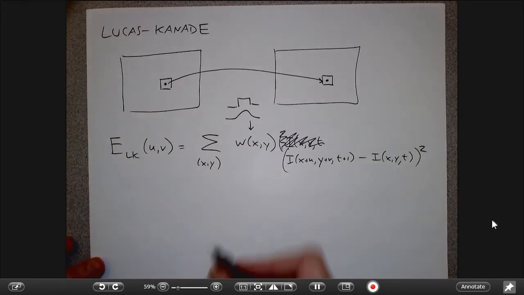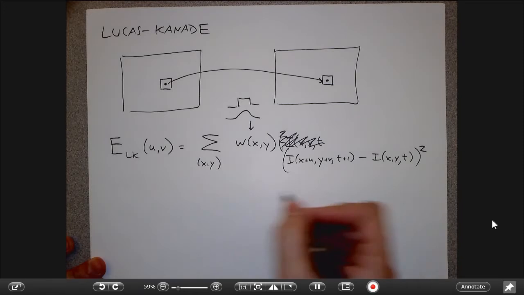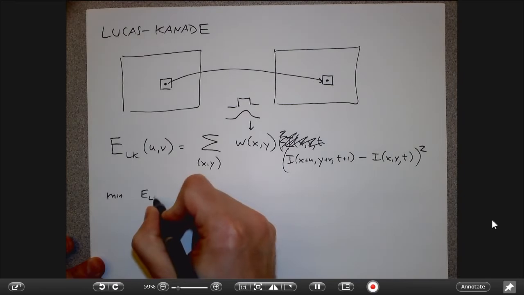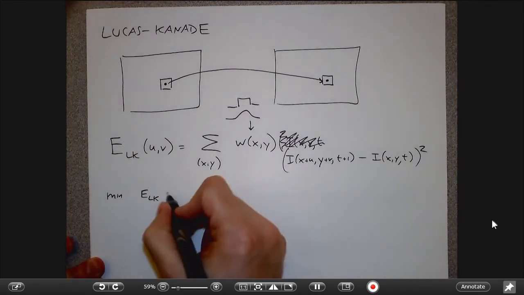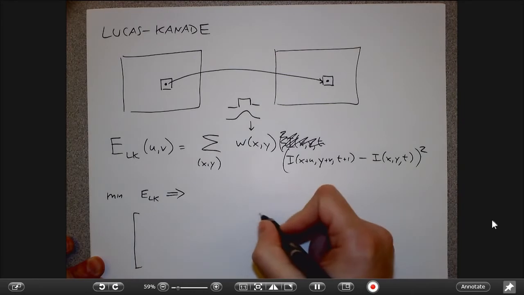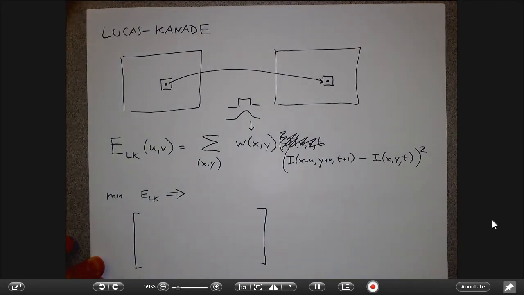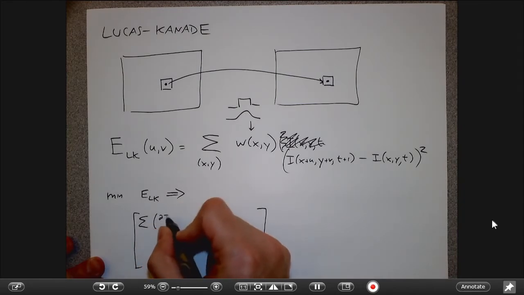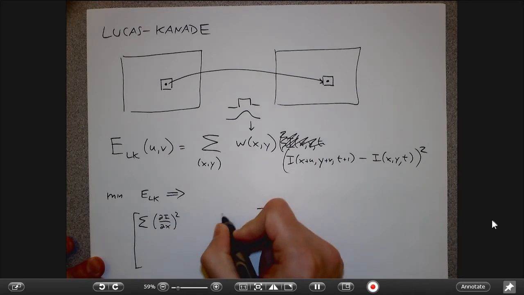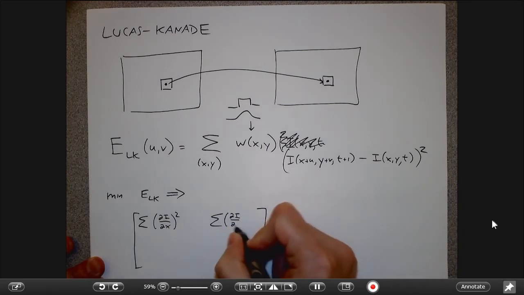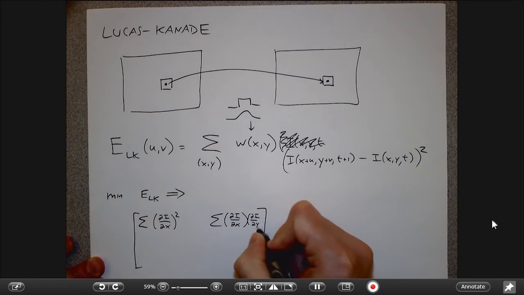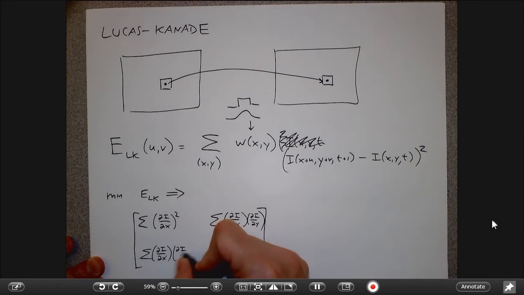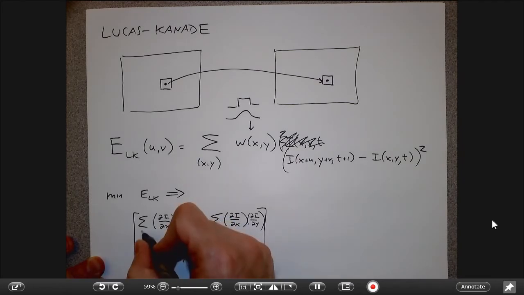And so if I were to write out what the implications are for minimizing this kind of function, what I would get would be something that would look very familiar from our feature matching part. So basically what I would get would be something that looks like the sum. I'm going to take the window part out of it, but I'm going to get something that looks like this. The sum is over the window, right?